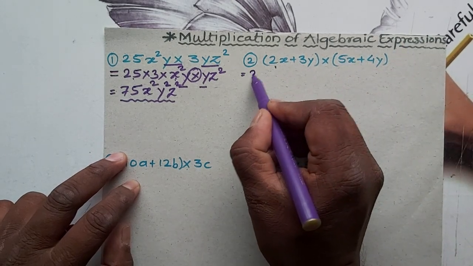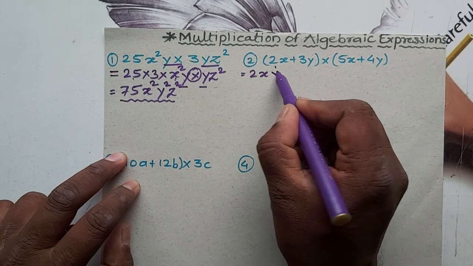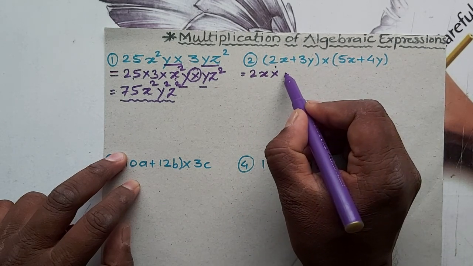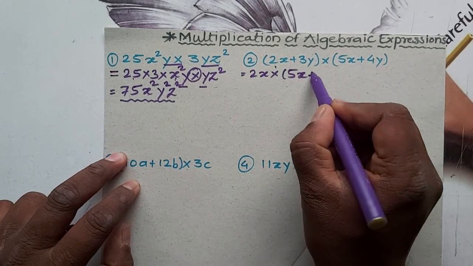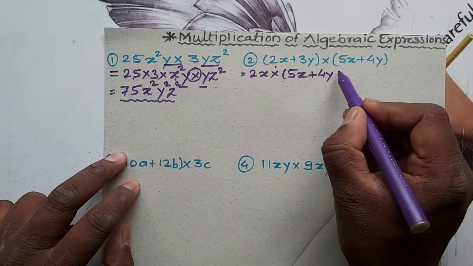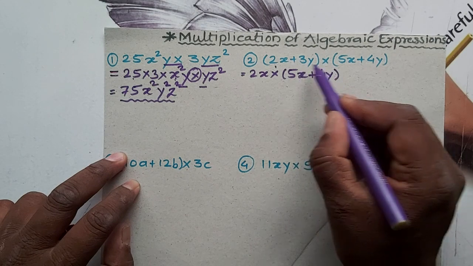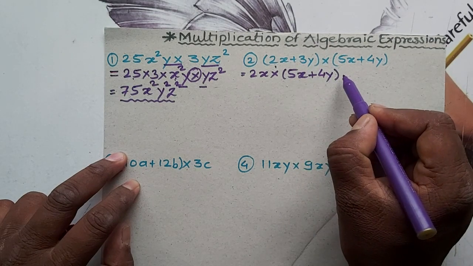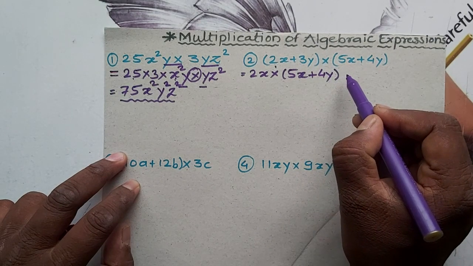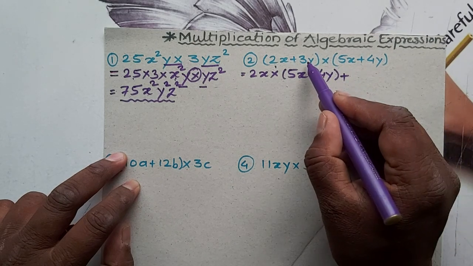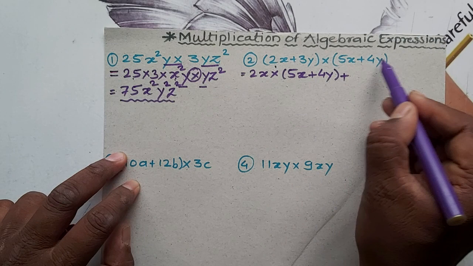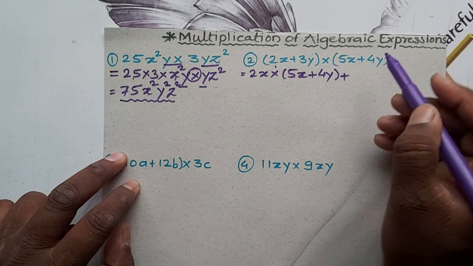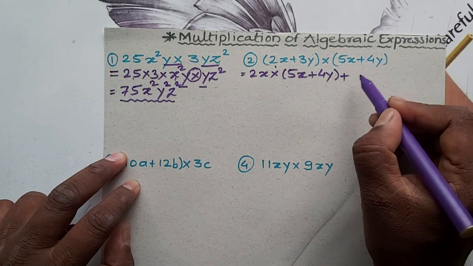So first take 2x multiplied by 5x plus 4y, bracket complete. Then again here we give the plus sign, and the second term from the first bracket you have to multiply by the whole second binomial, the whole bracket, all terms.